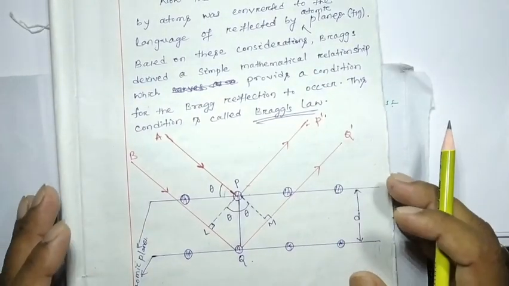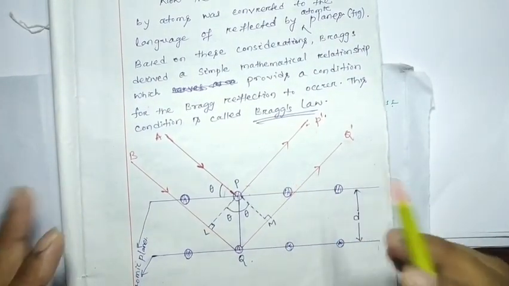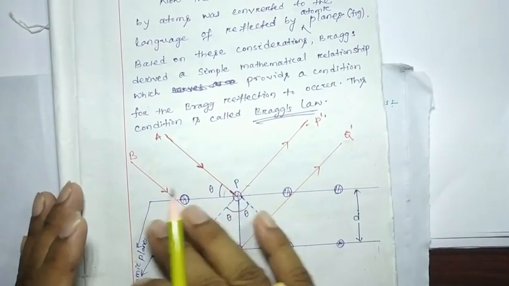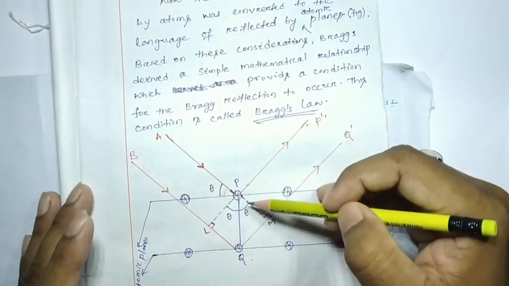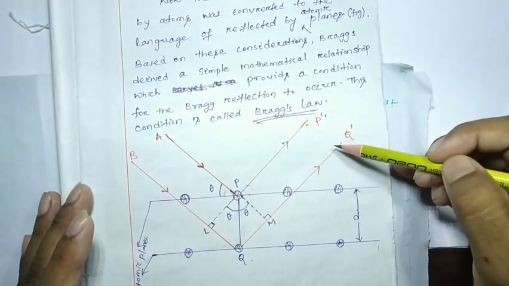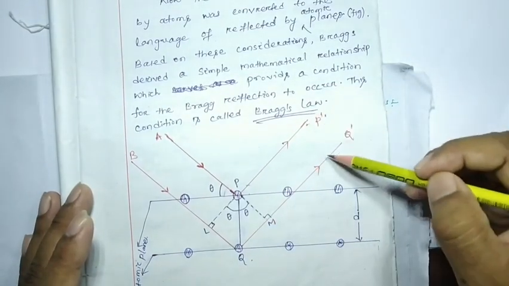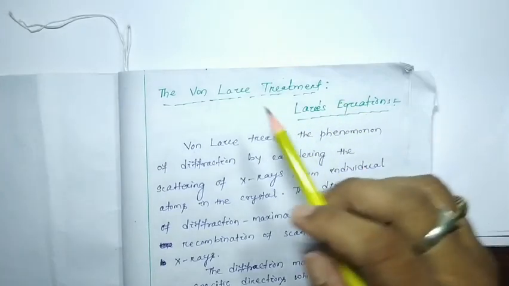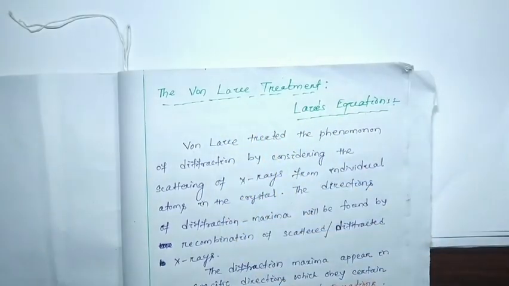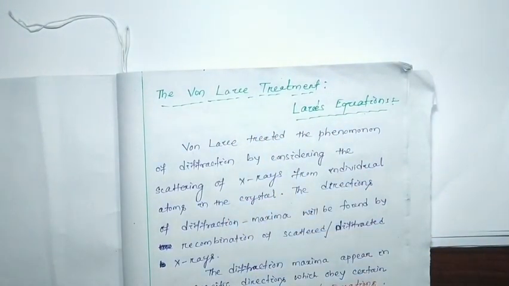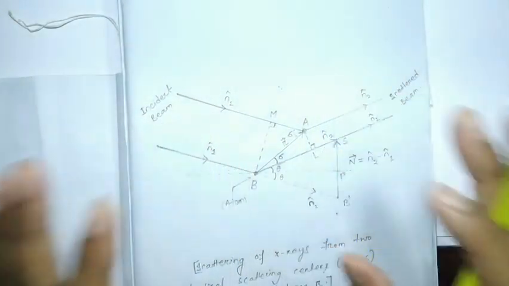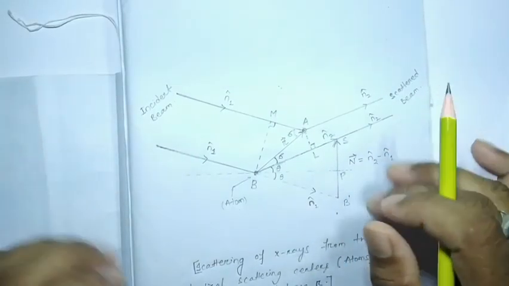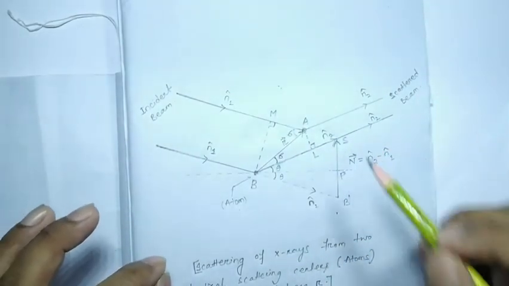Here in case of Bragg's treatment, Bragg considered the planes from where the X-ray is reflected and interferes with each other. But in case of Van Laue treatment, Van Laue considered that the X-ray interacts with individual atoms. The figure I will explain in detail, so do not worry about that.